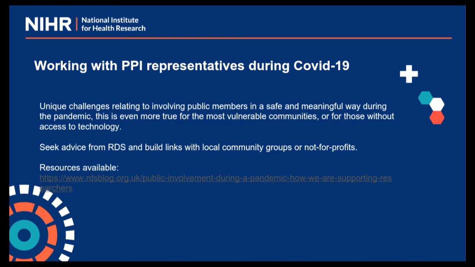And you can always speak to somebody from the RDS to help you think through what you might do to ensure that you're still able to get meaningful input. There is a link here. There's a blog that we wrote as a national RDS PPI group with some quite helpful suggestions and also quite a few links to other resources that are available. So it might be worth having a look at that if you're struggling a bit.